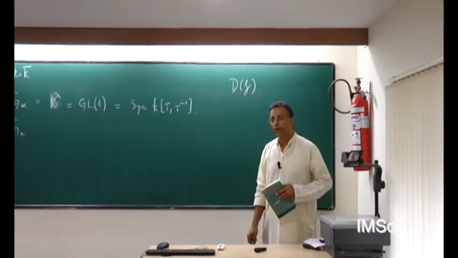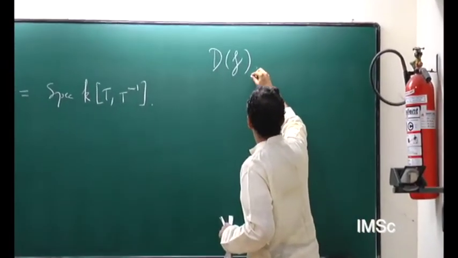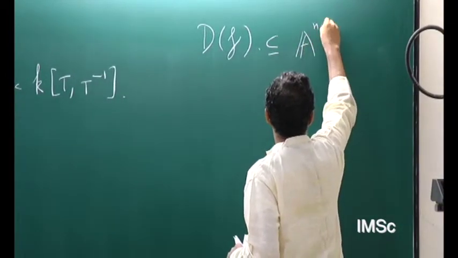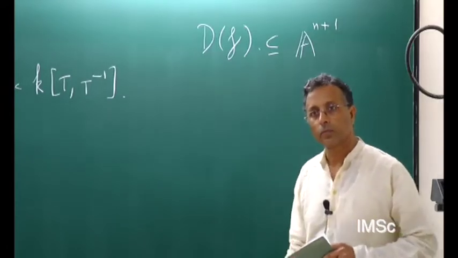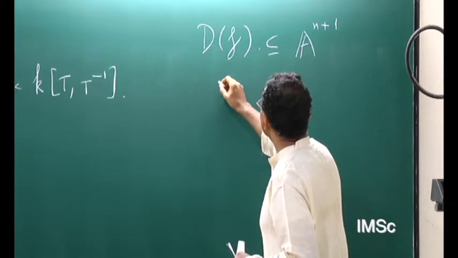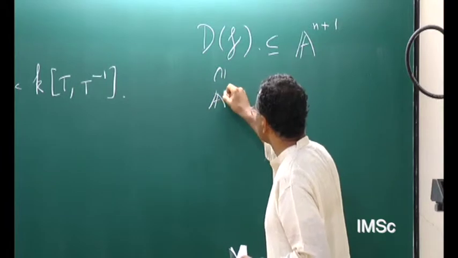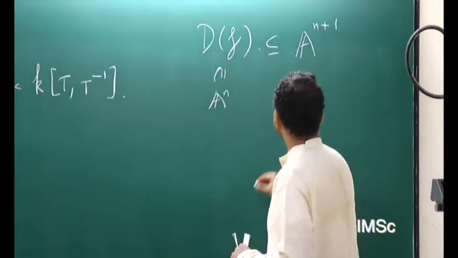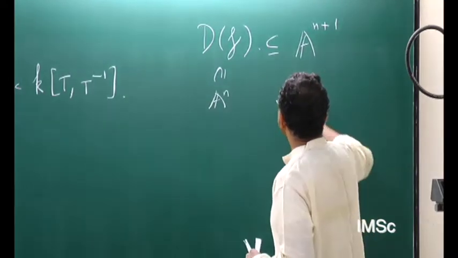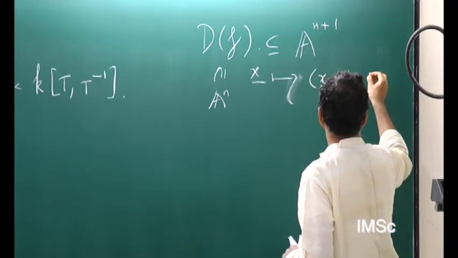how do you think of this as a variety? Well, you can think of it as sitting inside A^(n+1), right? So what is the map? Df is sitting inside A^n, right? So you send x to x1 through xn and 1 over f.